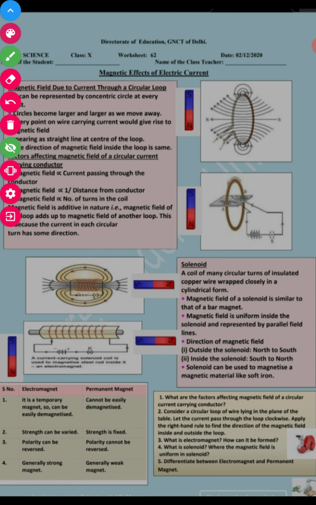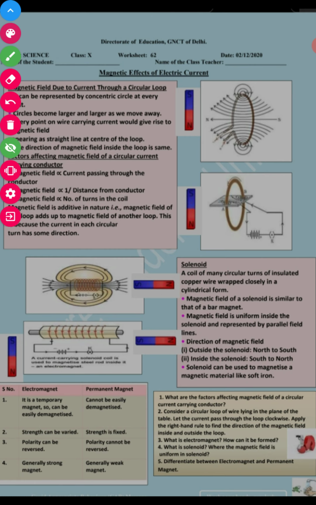So you can easily answer this question: in this kind of diagram current is flowing clockwise. We apply the right hand thumb rule to the left side of the loop, then the direction of magnetic field lines inside the loop is going into the table, while outside the loop they are coming out, meaning outward.